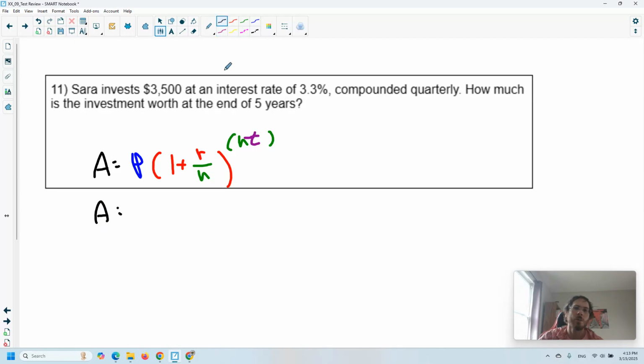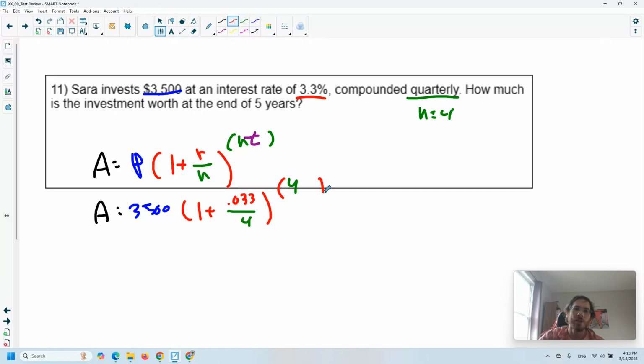So we got A equals for P. P, our principal, is 3,500. In our parentheses, we got 1 plus, now again, R, we have to change that to 0.033. And then N, we're compounding quarterly. So quarterly means 4 times a year, so N is going to be 4. So we got a 4 right there.